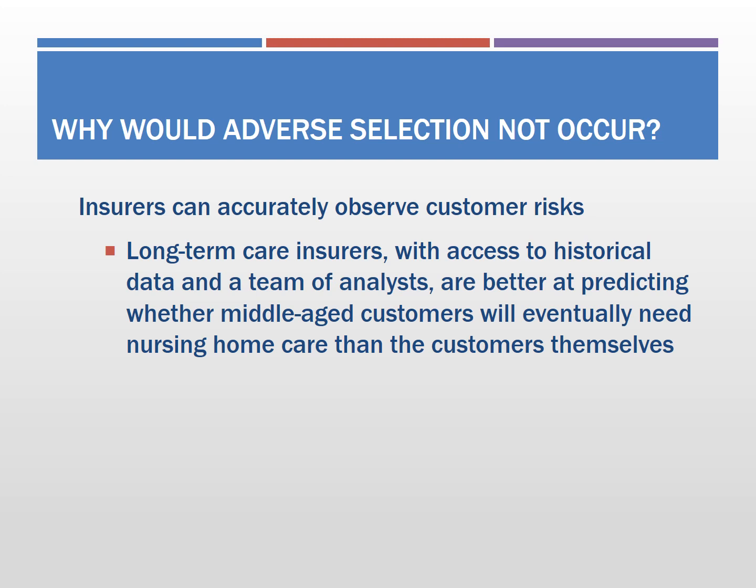For example, a long-term care insurer with access to historical data and teams of analysts can formulate the risk factors of an individual in order to predict how much nursing home care, hospital care, and medical care will be needed for the customer.